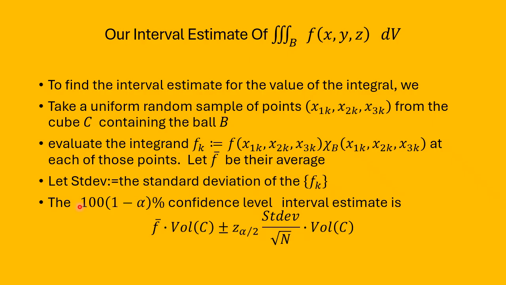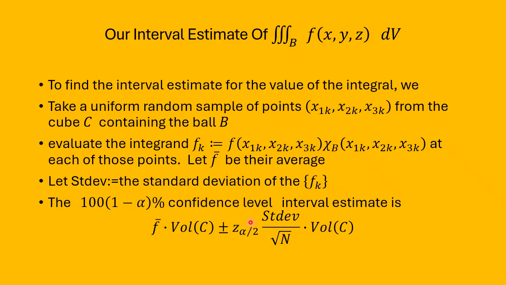And then the 100 times 1 minus alpha % confidence level interval estimate of the integral is f bar times the volume of the cube. This is our estimate for the value of the integral, plus or minus z sub alpha over 2 times the standard deviation of these f sub k's divided by the square root of n, once again times the volume of the cube.